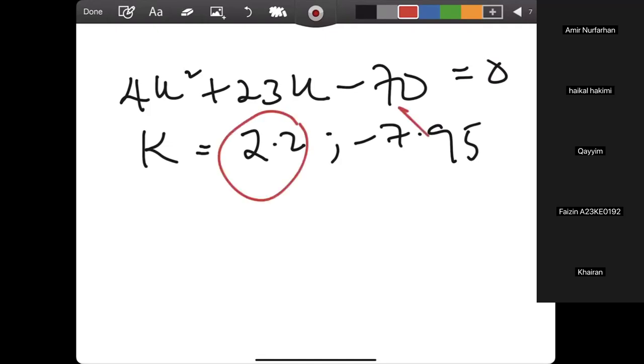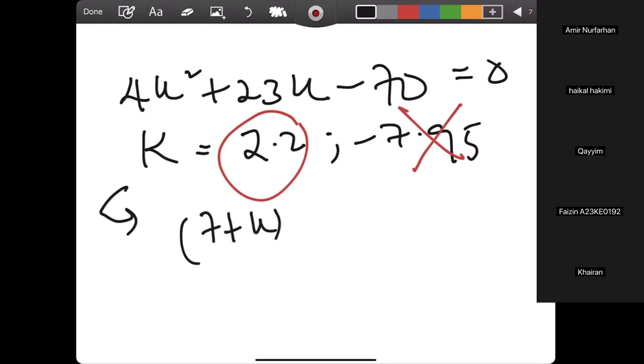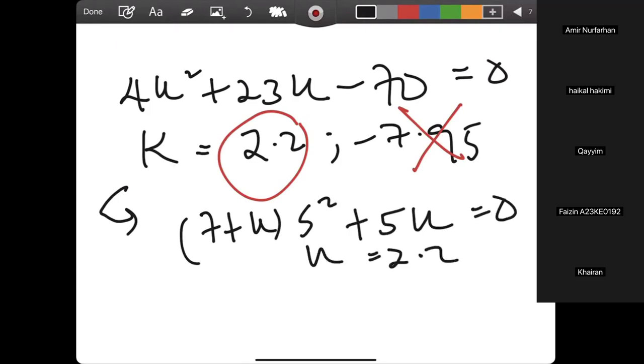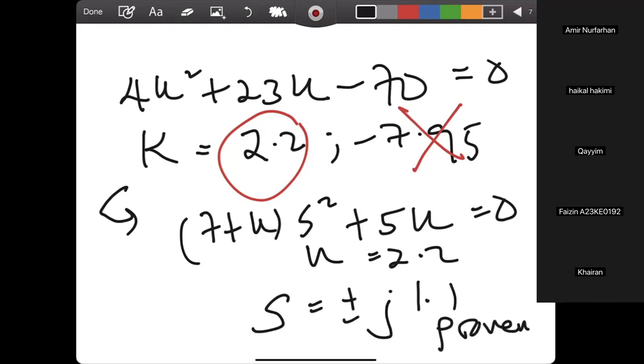So we choose 2.2 when we insert inside the 7 plus k s squared, giving plus minus j 1.1. Okay, cool.